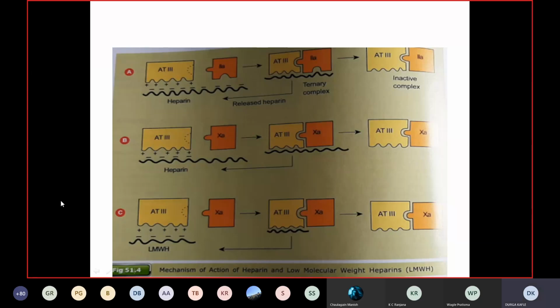So this is how heparin helps indirectly in the anticoagulation process, not directly, by binding with antithrombin 3 and inactivating thrombin. So it is the indirect thrombin inhibitor. That's why the name indirect thrombin inhibitor is given, because it only enhances the activity of antithrombin 3 by 1000-fold.